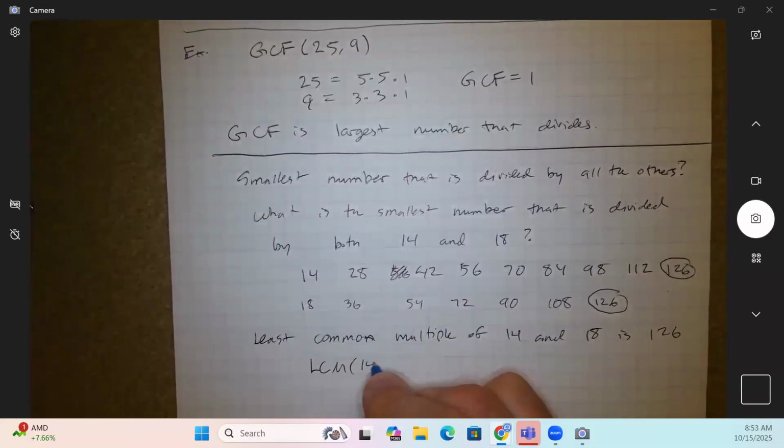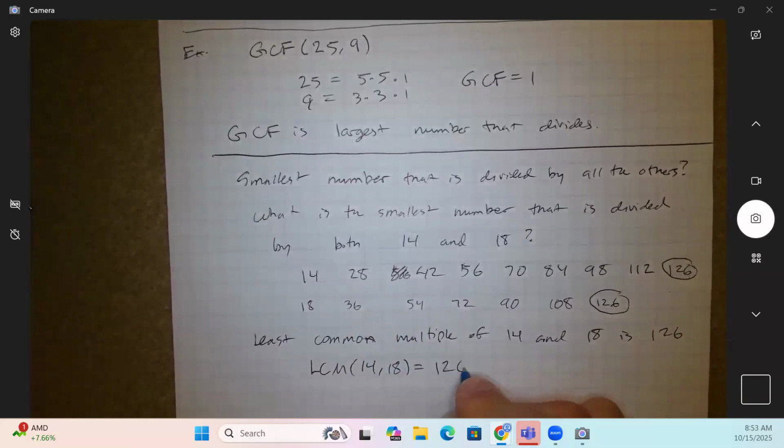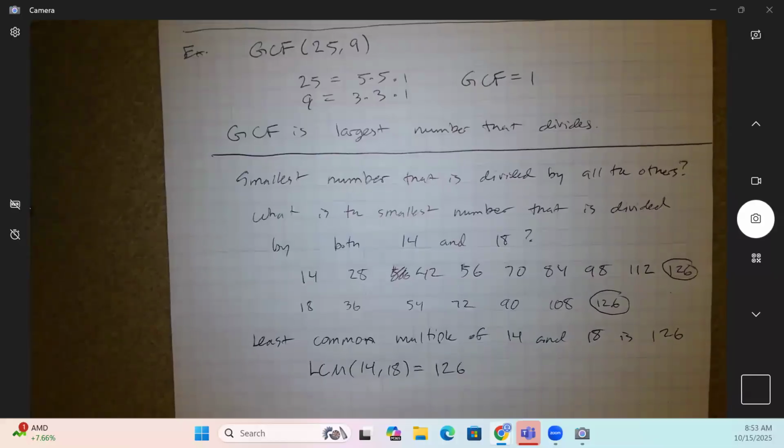LCM. And this way always works. You can count by multiples until you find a common number. But doing it using primes works too.